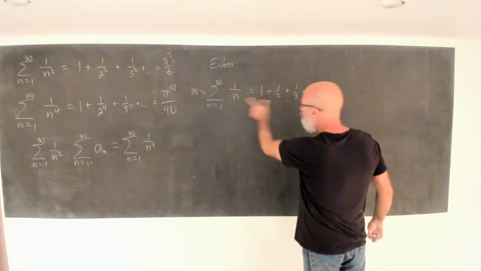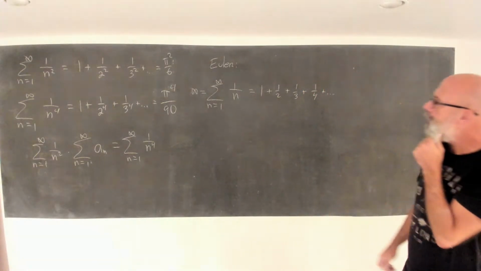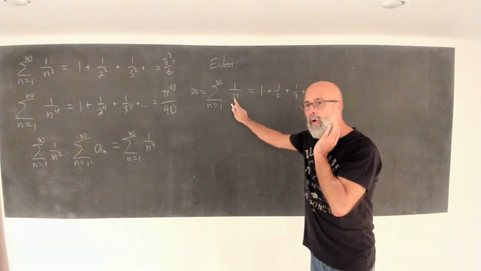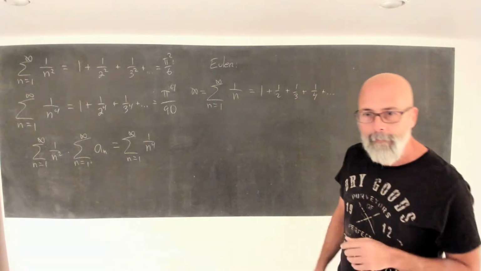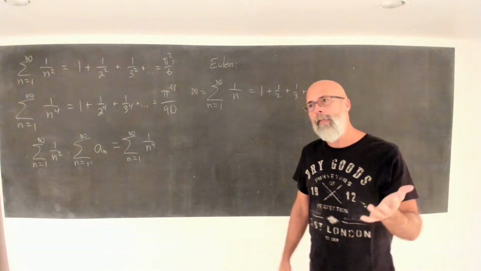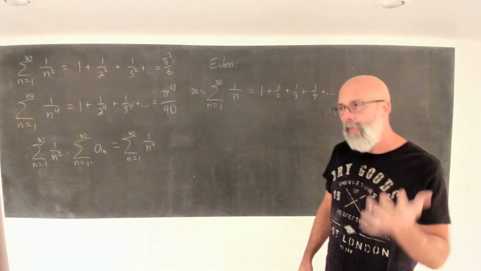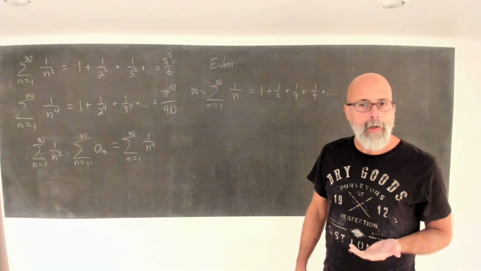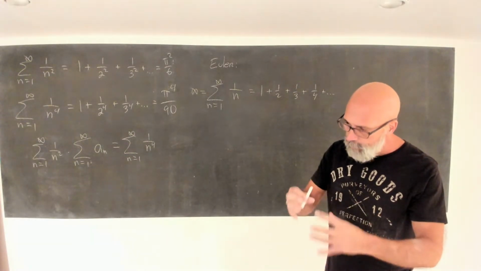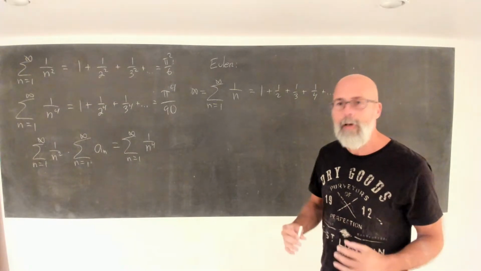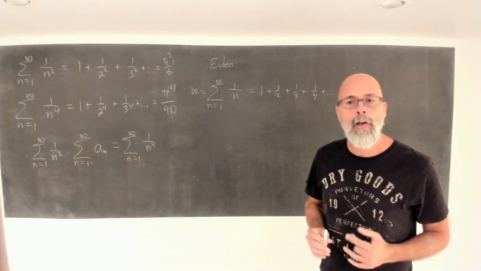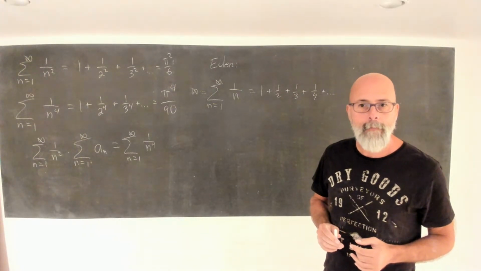What Euler does is he says, well, look, you're adding over the natural numbers. And we have the fundamental theorem of arithmetic, which says that every natural number can be decomposed into a unique product of primes.